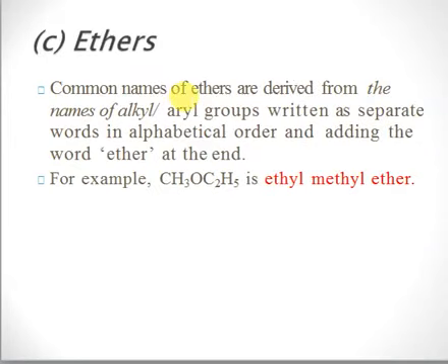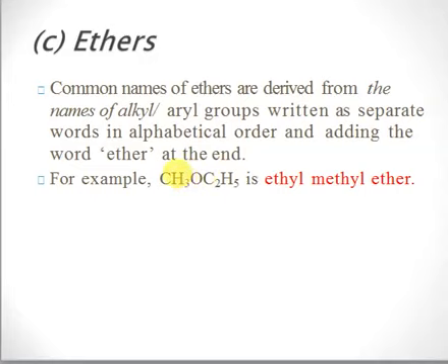Common names of the ethers are derived from the names of the groups attached to oxygen. For example, if we have an ethyl group and a methyl group attached, we write the names of both groups in alphabetical order, and the names should be separated, not written as a single word.